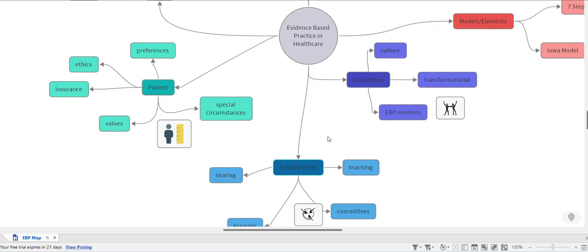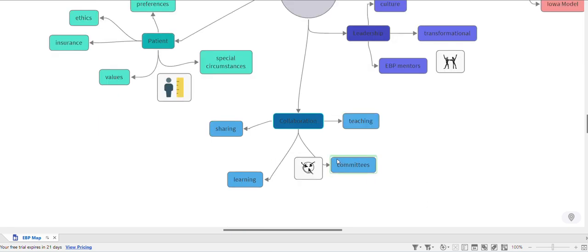The next concept is collaboration. Once you conduct your evidence-based practice, it is important to share your findings with others, whether that be published within your organization or shared at big conferences, poster presentations, panels, nationwide conferences.